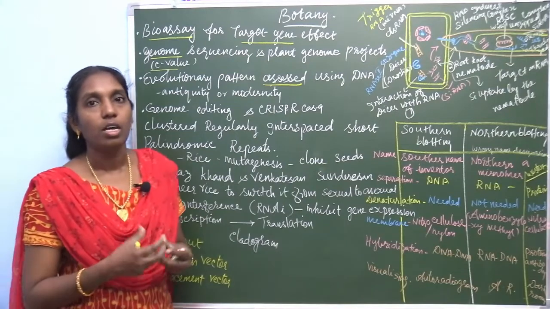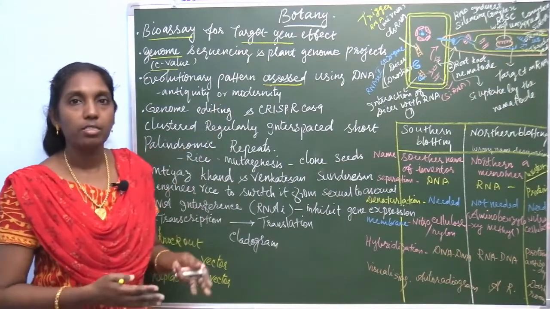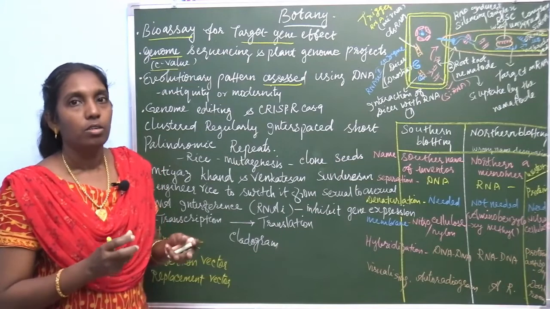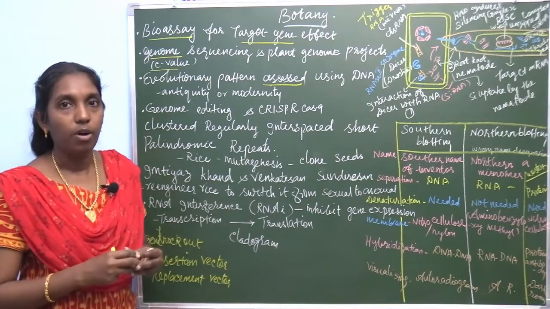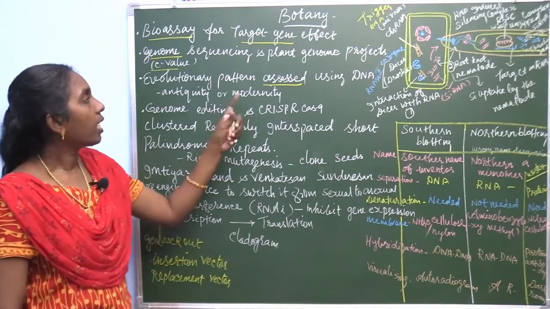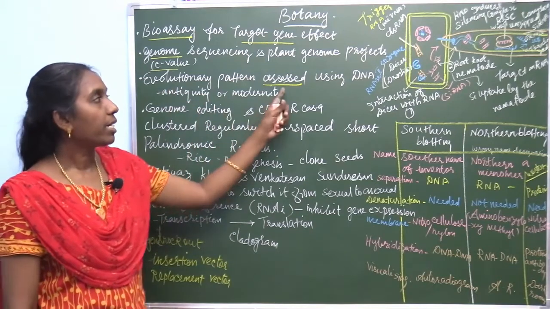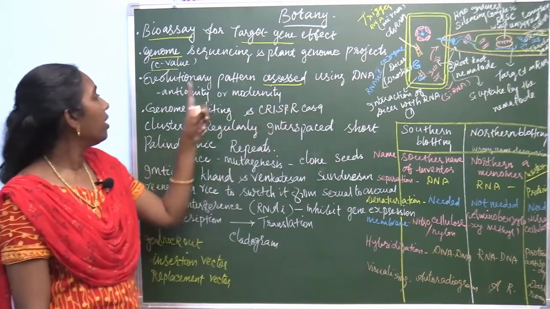The taxa are in the taxonomic hierarchy, with different units and different forms. So this is the evolutionary pattern assessed using DNA.